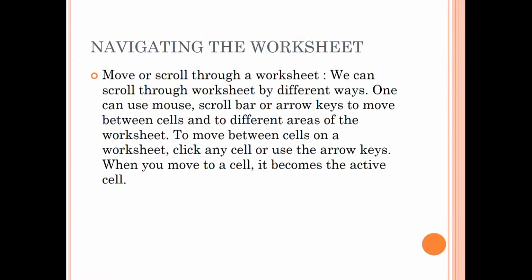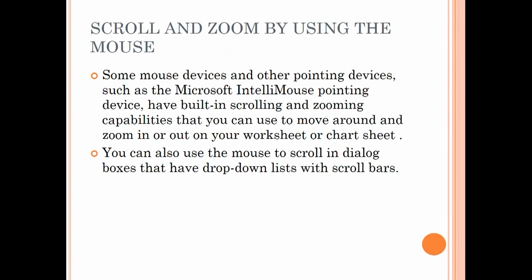So we can scroll through the worksheet in different ways. One is, one can use the mouse, scroll bar or arrow keys to move between the cells and to different areas of the worksheet. To move between cells on a worksheet, you can click any cell or use the arrow key. When you move to a cell, it becomes the active cell. Now scroll and zoom by using the mouse.